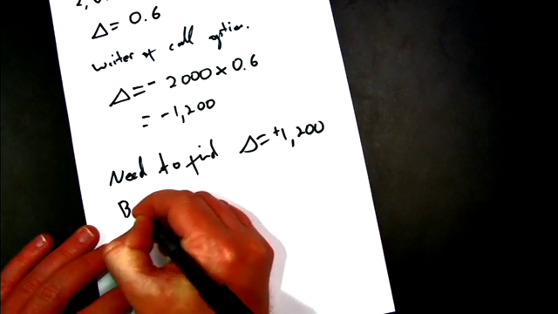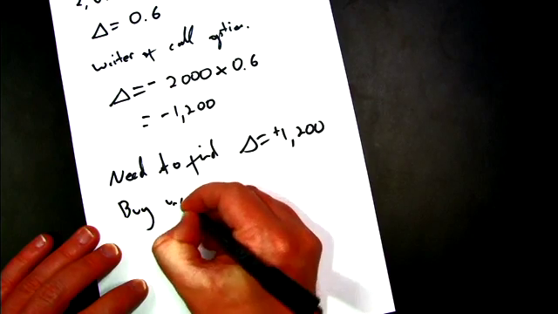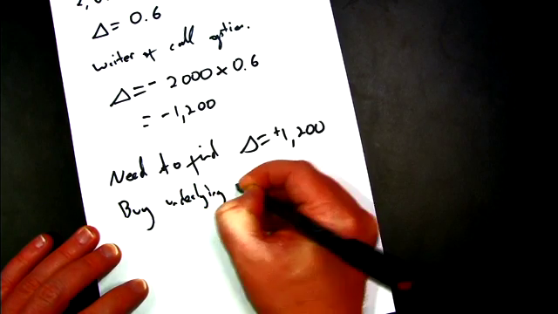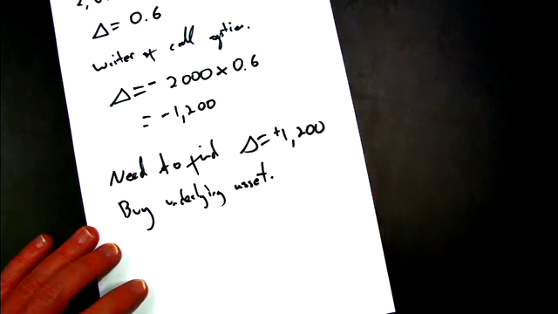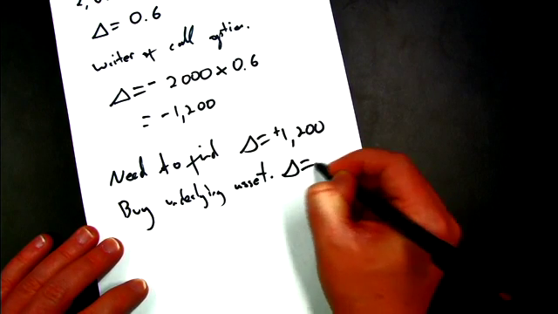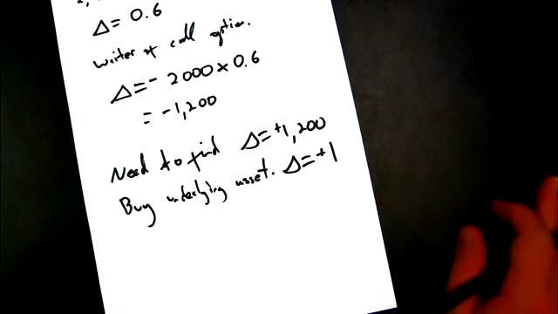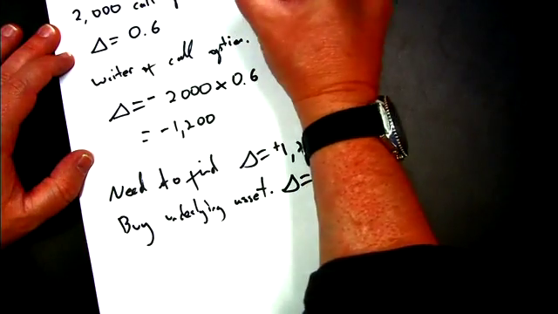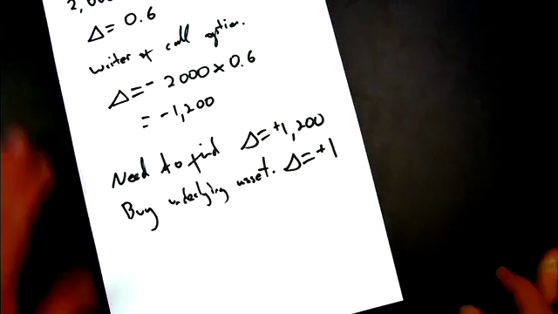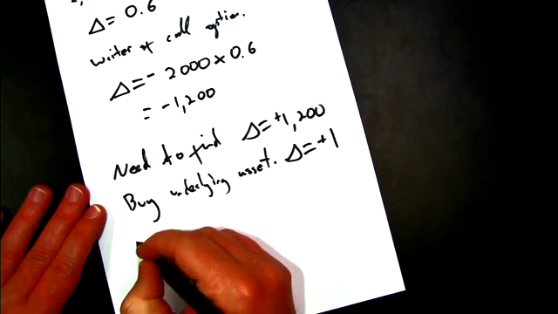So to make it delta neutral, you need to buy the underlying asset. Why buy the underlying asset? Because the underlying asset has a delta equal to positive 1. If the price goes up by $1, it goes up by $1. So if this is 2,000 call options on shares, how many shares do I need to purchase?